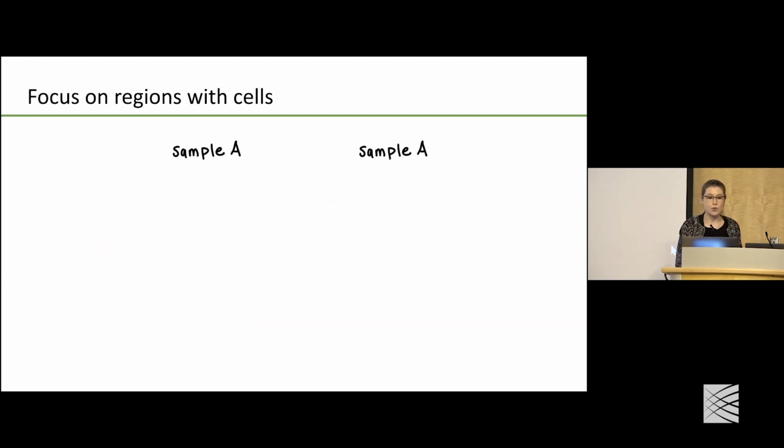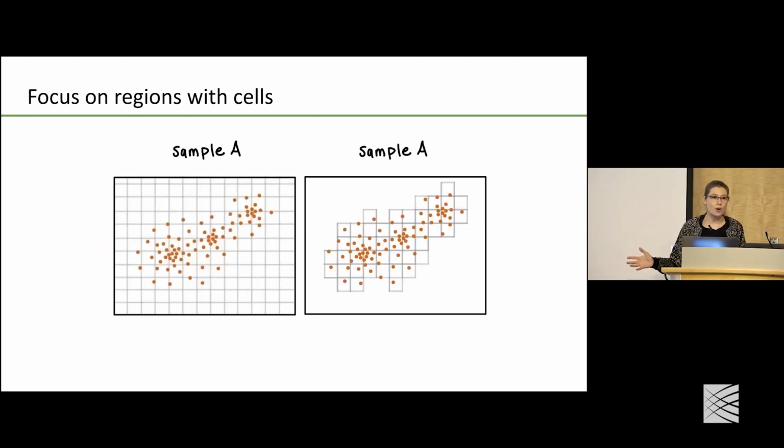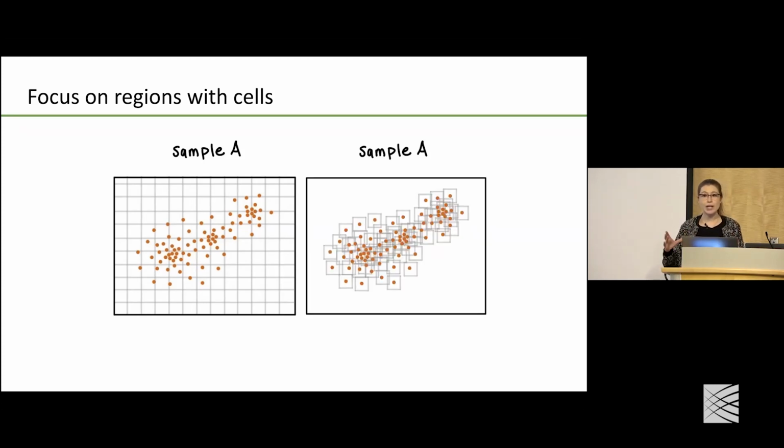And of course, we may want to ignore all the areas of transcriptional space where we don't have actual cells by dropping those grid squares, or equivalently, we could sort of center a grid square on each cell in the data set. And that is helpful because it also lends us proportional granularity to where we have greater density of cells in the data set.